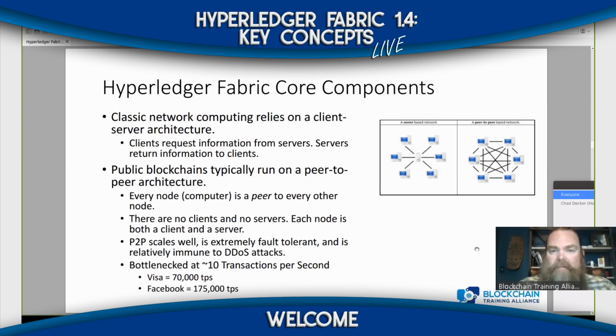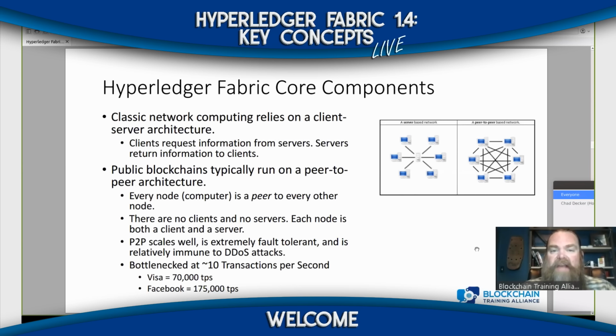And that may seem like a respectable number until we compare it to conventional technology. So if you look at Visa and their payment processing network, well, they can scale that up to over 70,000 transactions per second. And that's a few orders of magnitude greater. And then you look at Facebook and they take things even a step further.